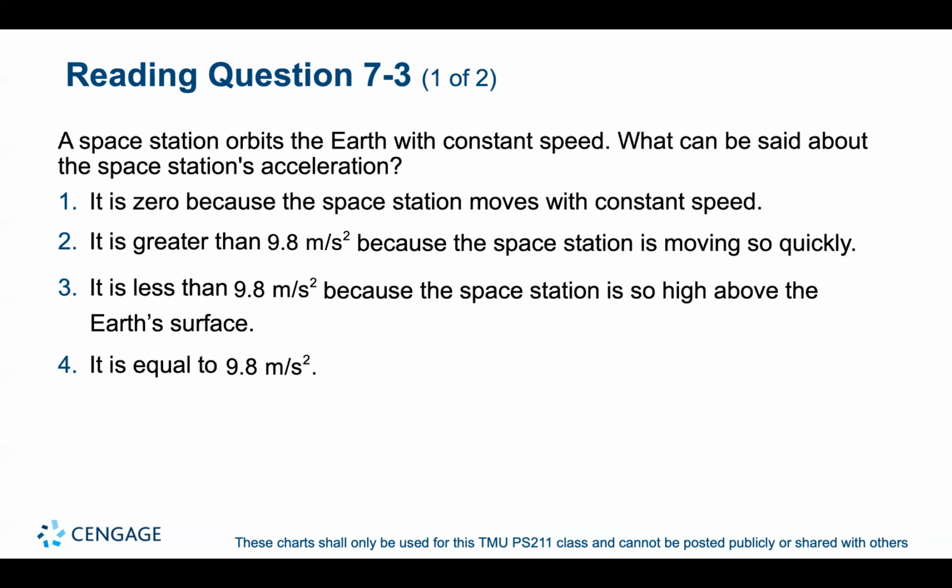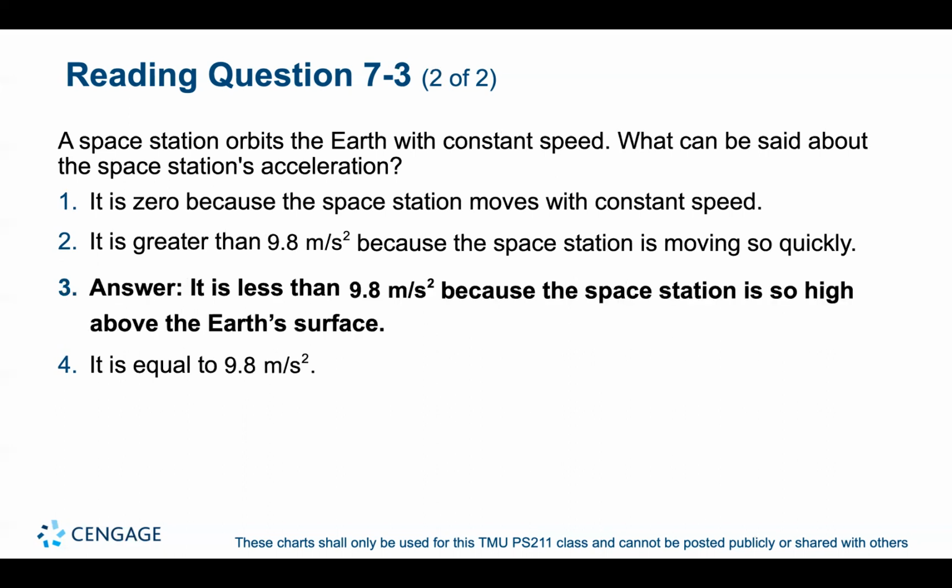If we're thinking in terms of the Earth, a space station orbits the Earth with constant speed. What can be said about the space station's acceleration? It's less than 9.8 meters per second squared. That's the acceleration of gravity, and the space station is so high above the Earth's surface. You might remember that 9.8 meters per second squared is the gravitational acceleration at sea level.